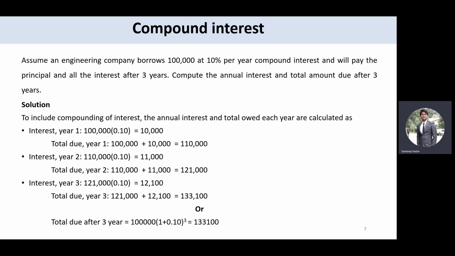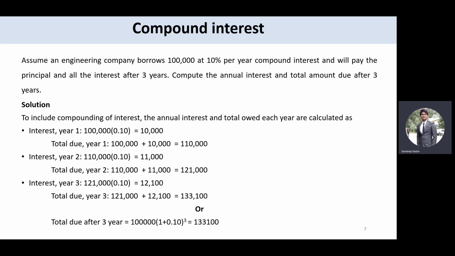Now the total due for year 1 will be 1 lakh rupees plus 10,000, that is 1,10,000 rupees. This is equivalent to simple interest, as we have calculated in the previous slides.